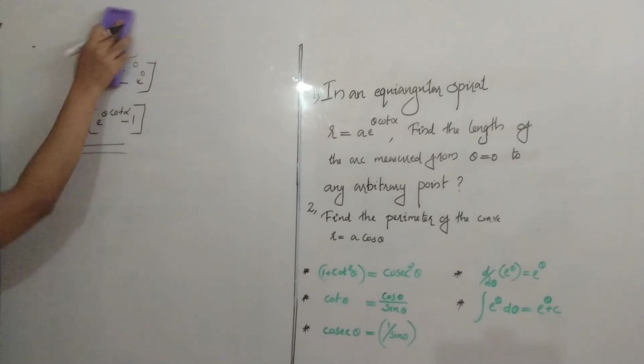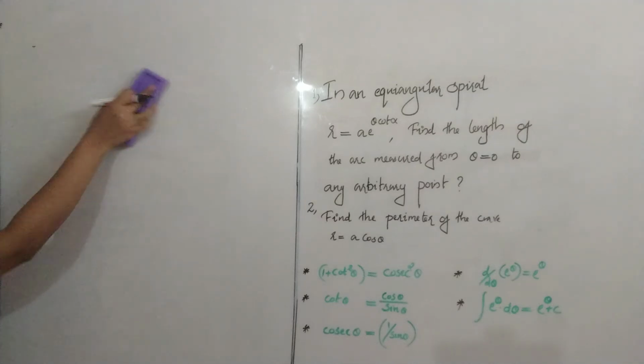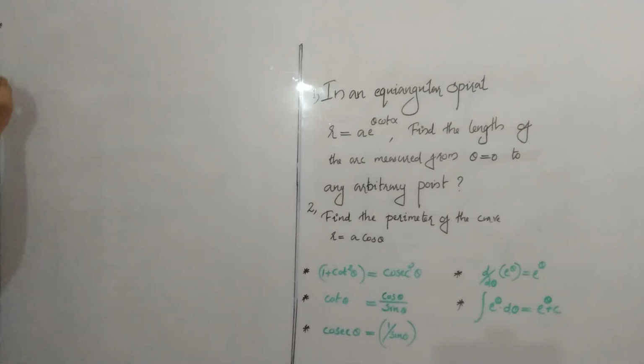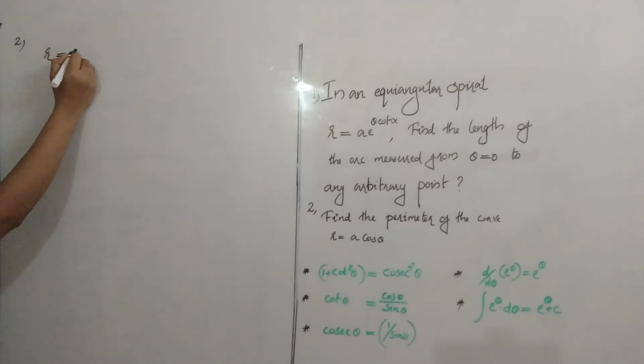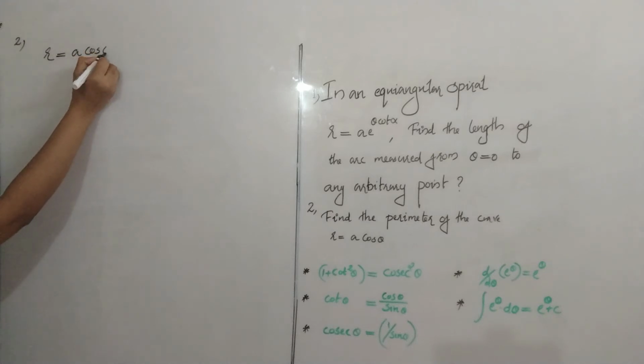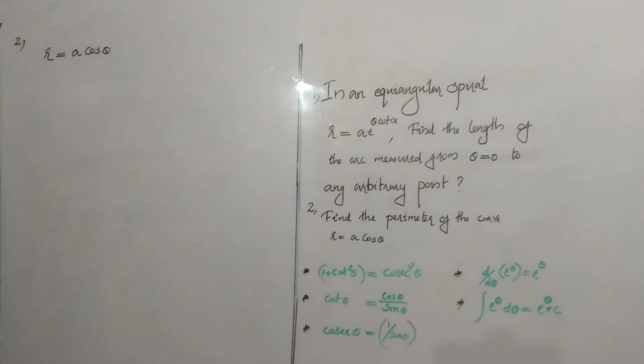Now, the next question is, find the perimeter of the curve r is equal to a cos theta. We know that this is the equation of a circle with diameter a.